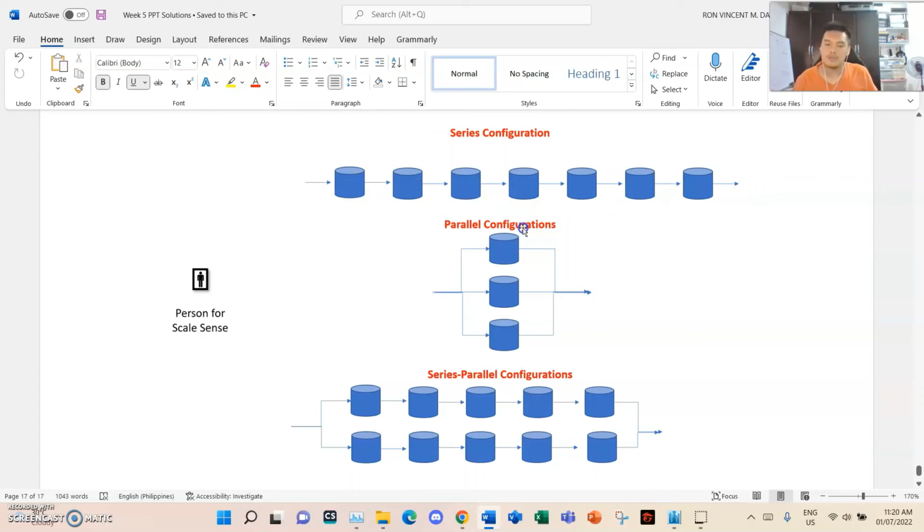It could be a parallel configuration, where one feed stream is divided into respective containers, and each is combined back for the product line. Or it could be a series-parallel configuration, where the feed stream is divided, passes through series, and is recombined again at the end. And this is more manageable since it is in a manageable container in terms of the scale of a person.